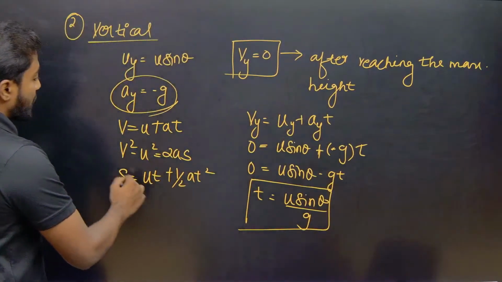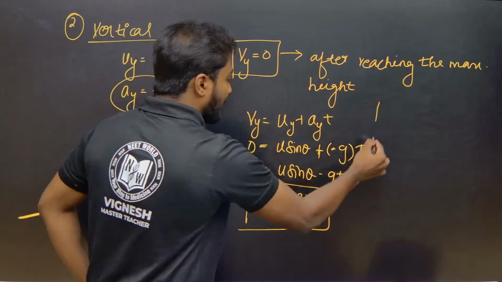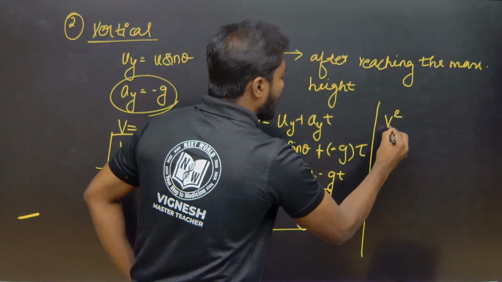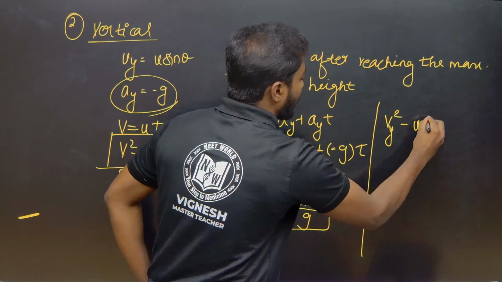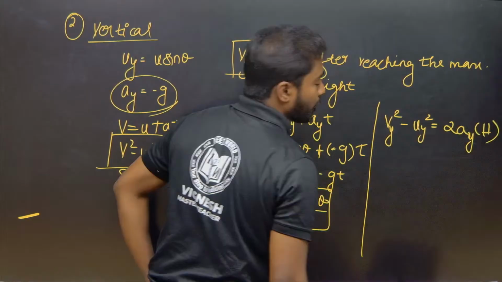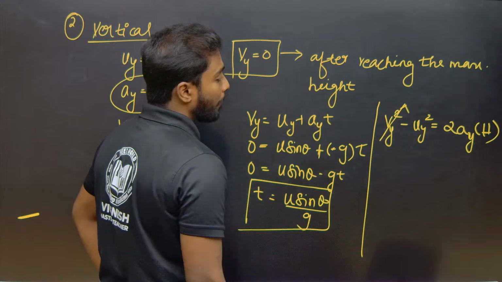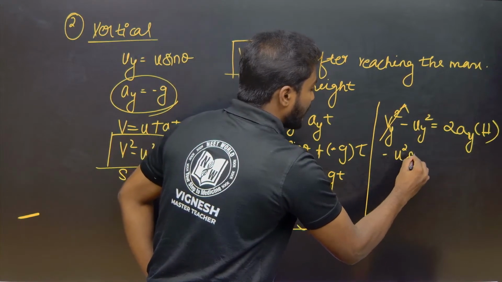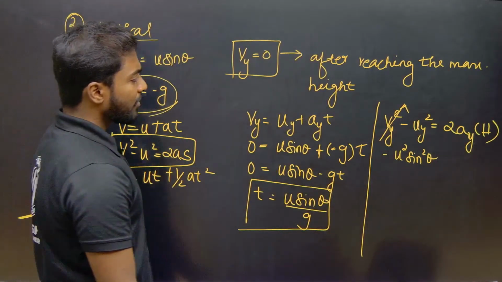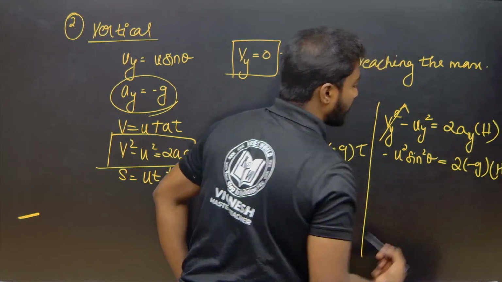What about the next equation, v square minus u square equals to 2as. Yes, I will consider here the height. Vy square minus uy square is equal to 2ay into the maximum height. Vy is 0, minus u square sin square theta is equal to 2 into minus g into h.